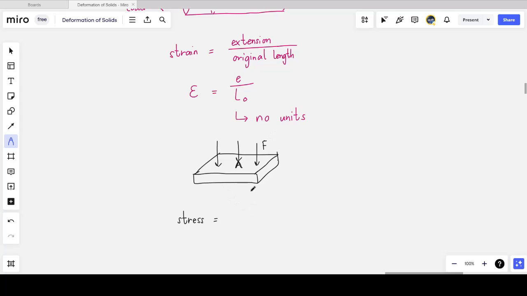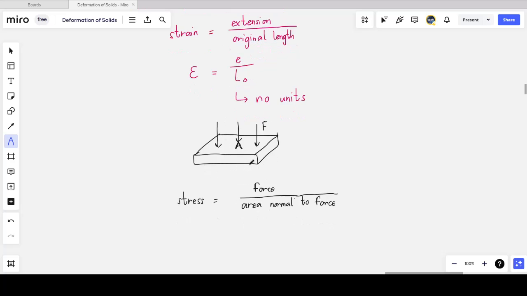So the stress is defined as this force F, whatever the magnitude of that force is, divided by the area that is normal to the force. In this case, that area is the area A, because the entire area A is perpendicular to the force. The force comes in down at right angles to the area at any point.